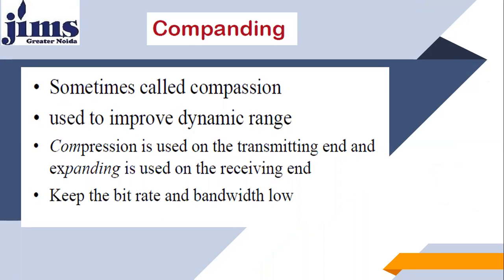To understand this companding process, first we have to focus on why we do companding, right? Actually, when you do quantization, you take the samples, right? Some samples have a high value, some samples have a low value in the sense of voltage. Means some samples have high voltage levels, some samples have low voltage levels.